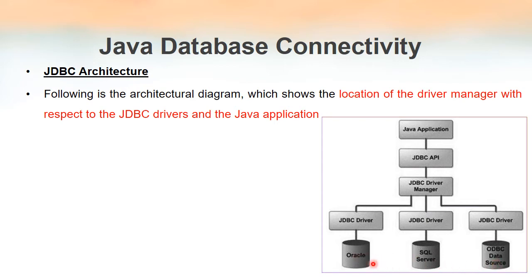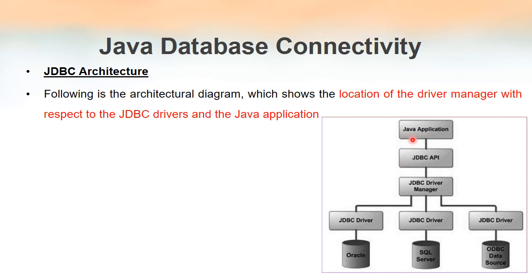There can be more than these three types of databases, but generally these are the three different types used. As we can see, each database has its own JDBC driver. For Oracle we have one driver, for SQL Server we have another driver, for ODBC we have another driver. Which of these drivers has to be used is determined by the type of database we are trying to access through our program.